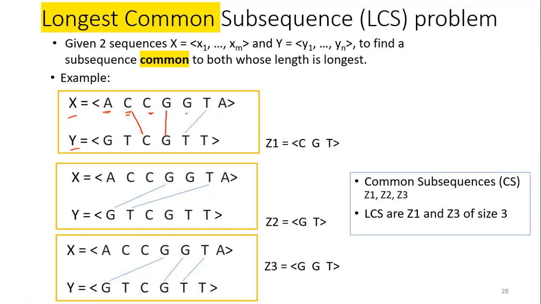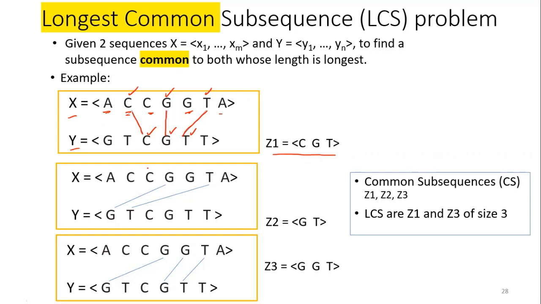Yes, there is a match over here. The next G is not matching, and there's a T match over here, and then A is not matching. So this is one subsequence which is common to both, right? So C, G, and T is a common subsequence to both of them. Right, so that's one solution.